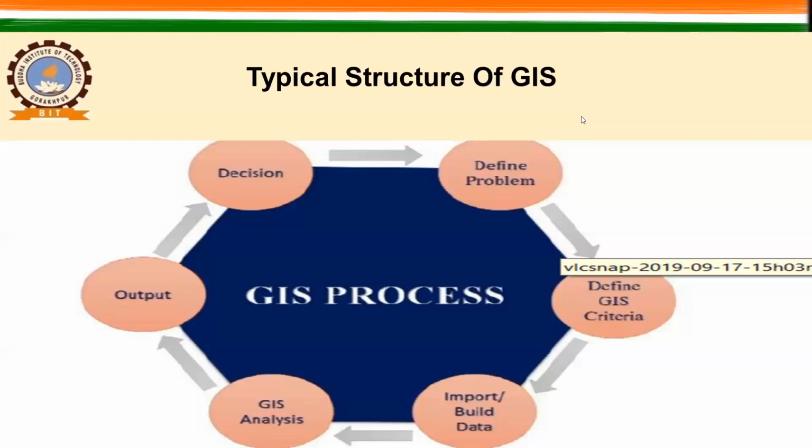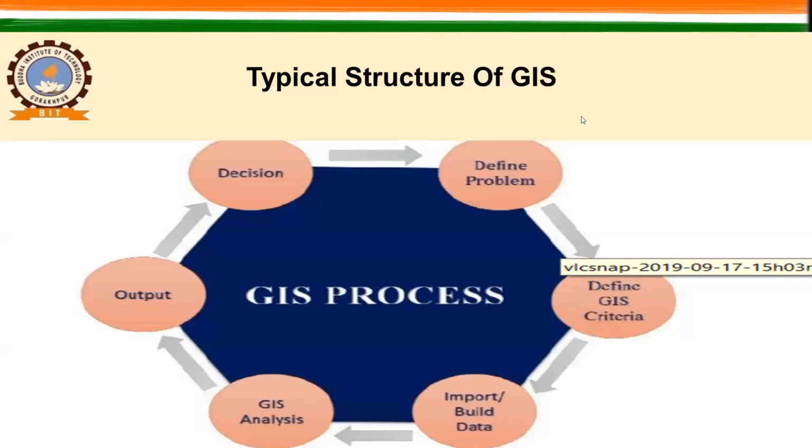Now the next one is your output, where your output can be seen or you can represent your data in this result. Once you get the result, you can apply your understanding about that area or about that problem, and then you take the decision. And once you have done that, then it will be complete circle which we follow in the GIS.